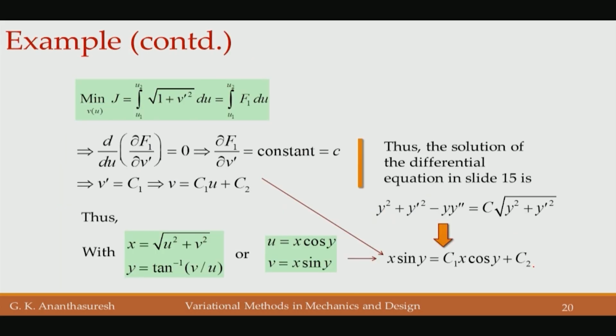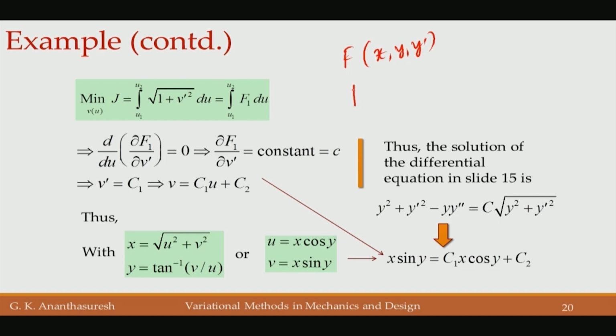And that is easy because it depends only on v prime, no x, no u, no u prime here. So, no v and no u, because whatever we said about the integrand being a function of x, y, y prime.